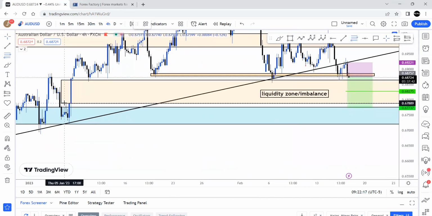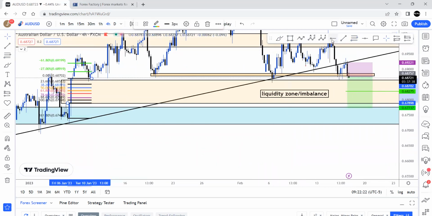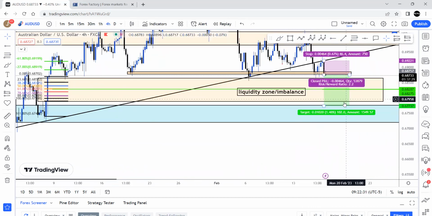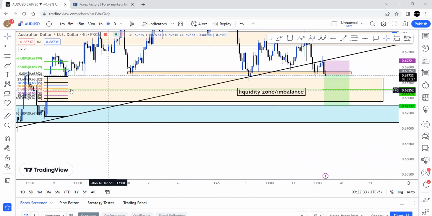If I put from the body of that candle to the body of there, I'm expecting price to hit at least 50% at the EMA, which is around this level here. That is where our first target is, which is 50 pips, and our overall target is 100 pips.